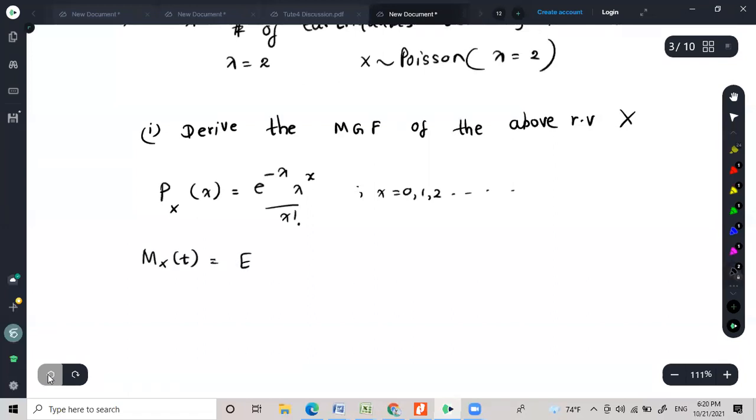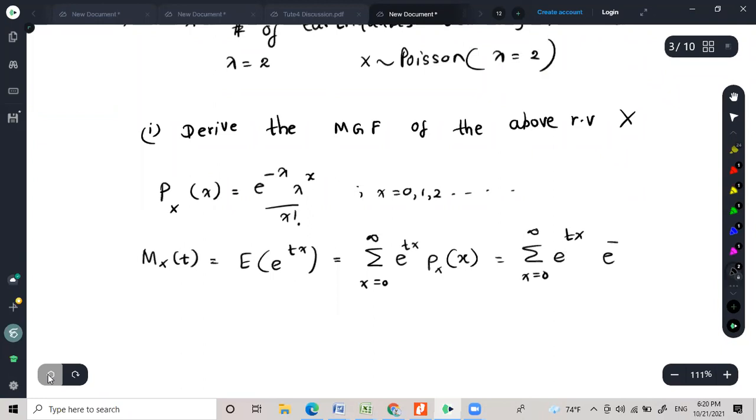That is the expected value of e to the tx. Taking the expectation is whatever you have here times the PMF. X will go from 0 up to infinity, so the sum over x from 0 to infinity of e to the tx times e to the negative lambda, lambda to the x, over x factorial.